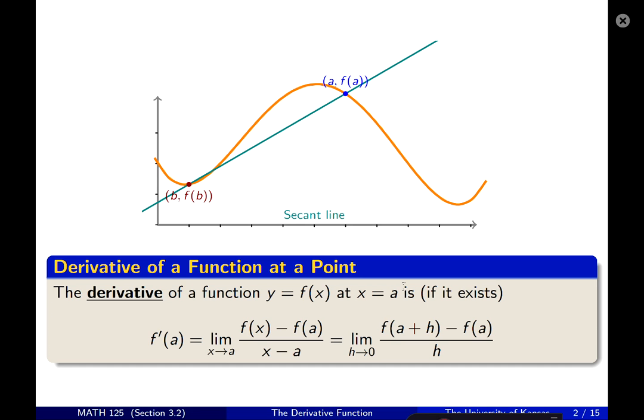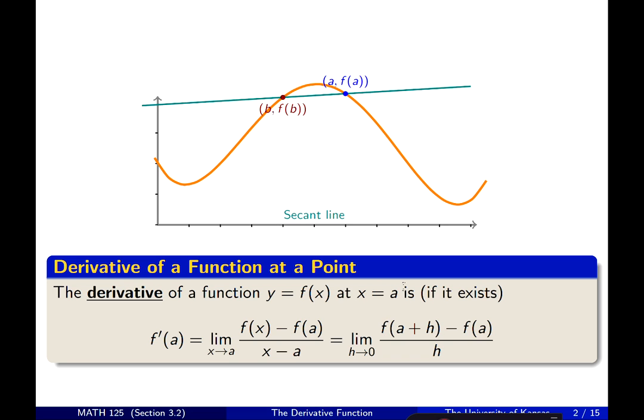So far we've discussed the fact that the derivative of a function y equal to f of x at x equal to a, if it exists, is f prime of a, and it's the limit of f of x minus f of a over x minus a as x approaches a.